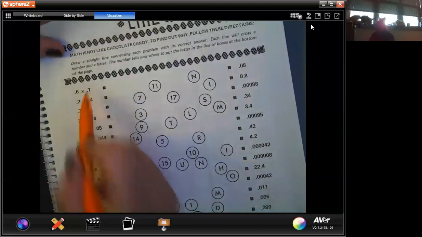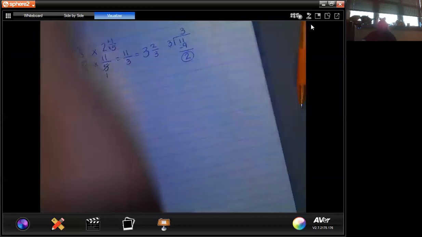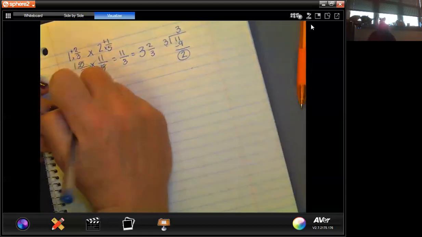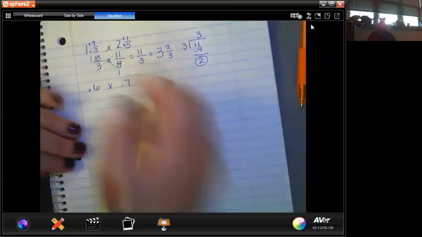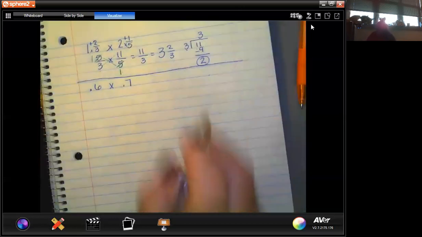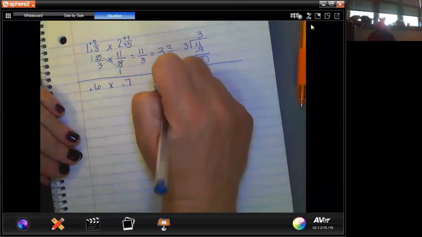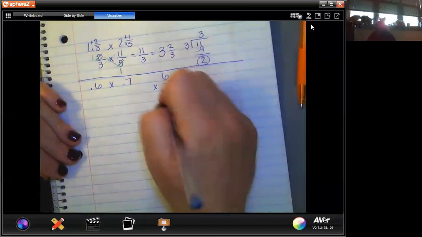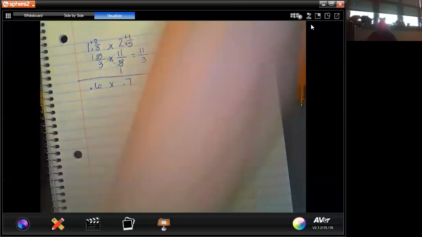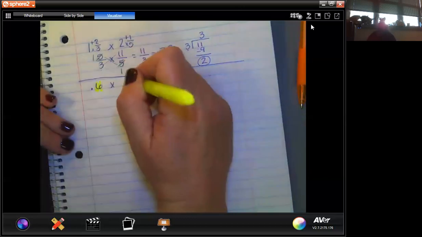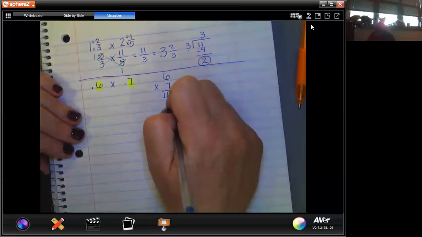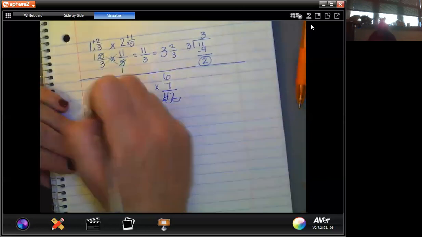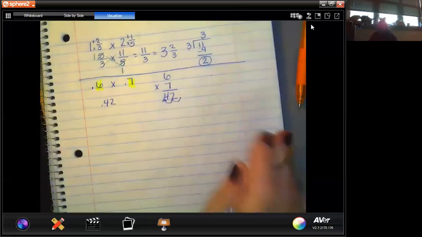This first one is 0.6 times 0.7. Remember how to multiply decimals. You ignore the decimal and just multiply the numbers like they're whole numbers. So 6 times 7 is 42. Now you go back. There are two numbers to the right of the decimal, so you move the decimal point over twice. My answer is 42 hundredths.